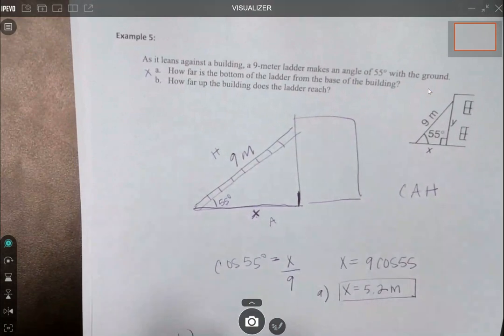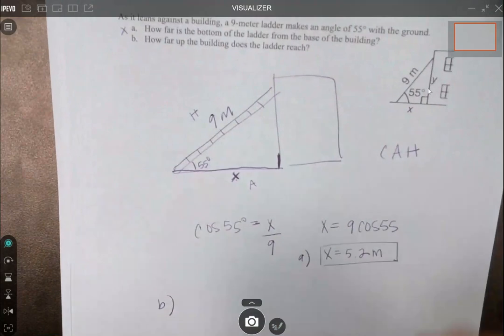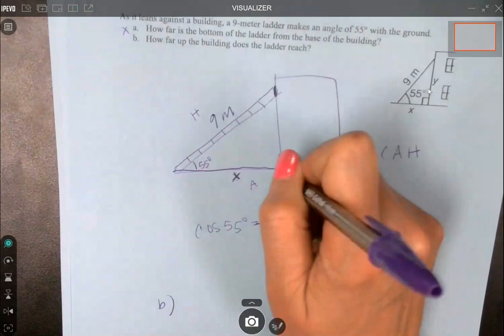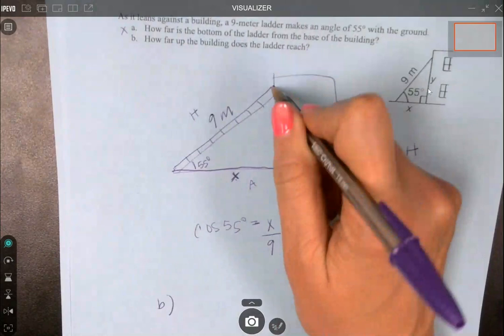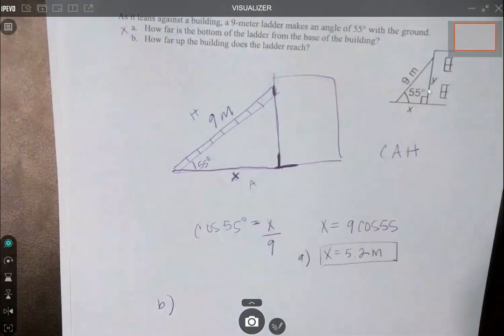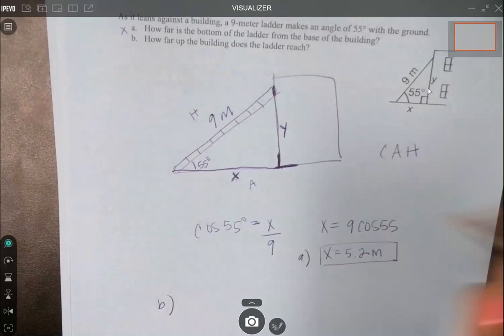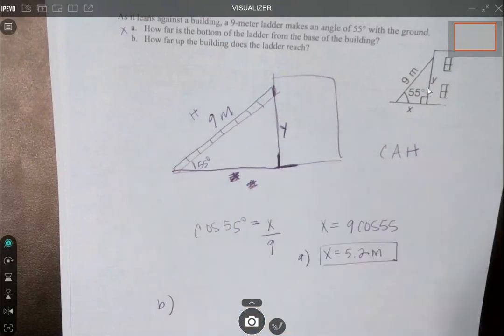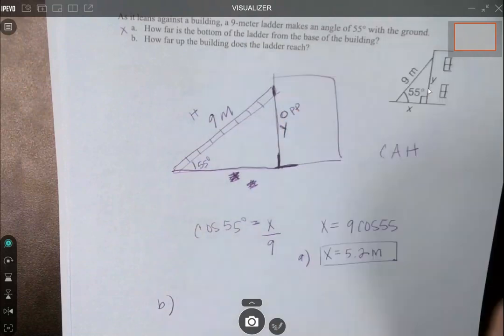All right, part B, how far up the building does the ladder reach? So here's where the ladder hits the building, right? And here's the bottom of the building. So it wants to know, what is this distance? Let's call it y. So I noticed that I'm not using x anymore. So I don't want the adjacent side for this problem. I'm now using the opposite side.